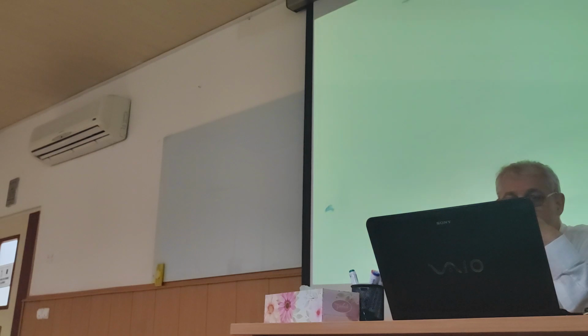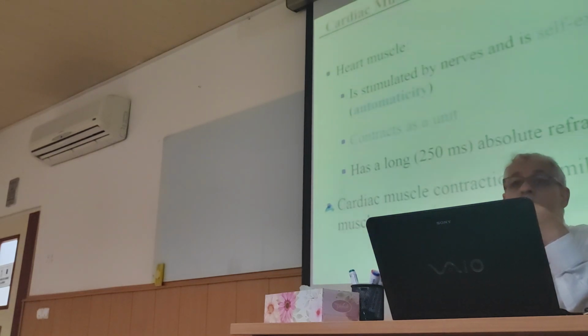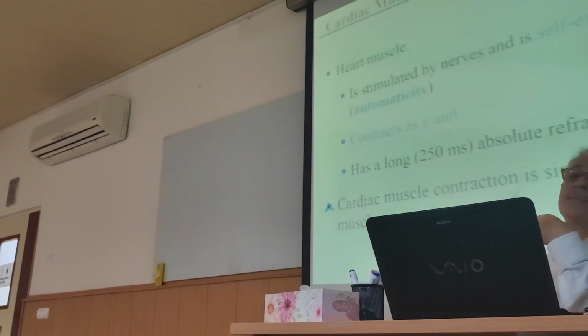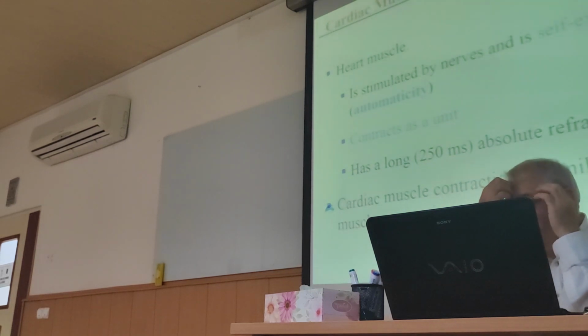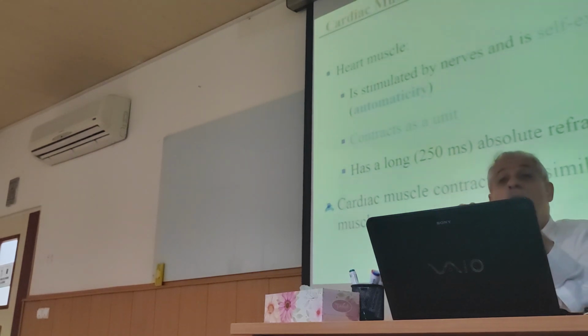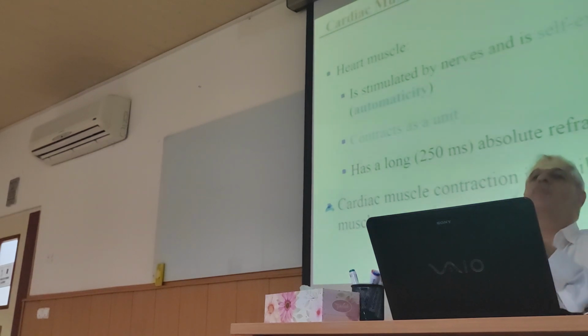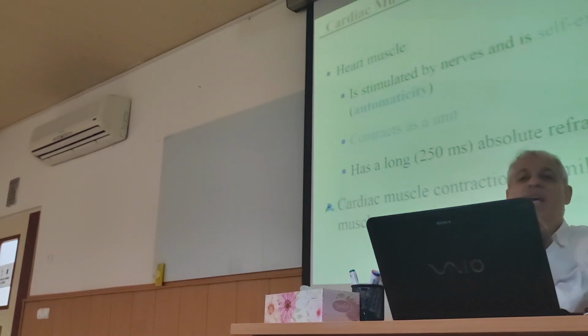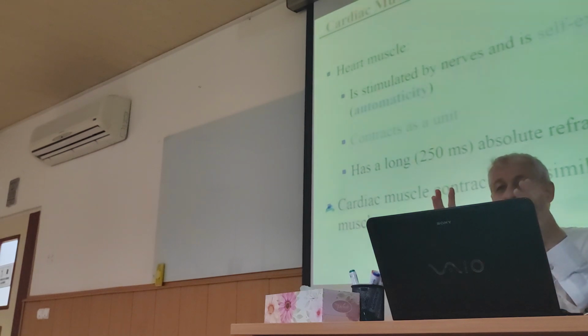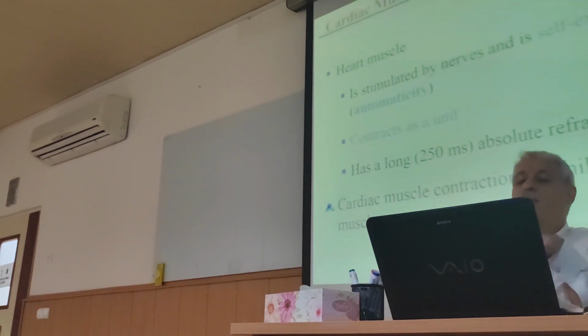Doctor, the 90% AV node and SA node nourishment, the 90% by what? No, I'm talking about the 90%. In most cases, the SA node and AV node, I mean the conductive system in the atria, are nourished by the right coronary artery.